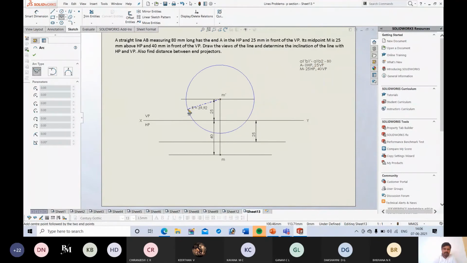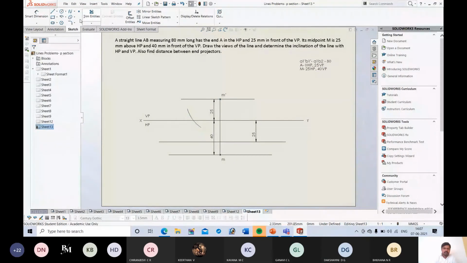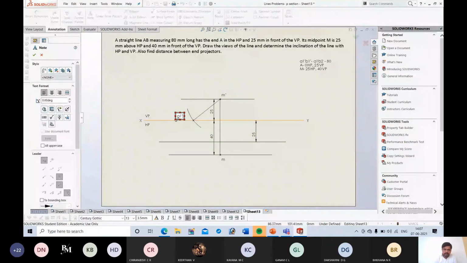Okay, this is the true length. So this is A1 dash. This is not the view, it is the true length line.